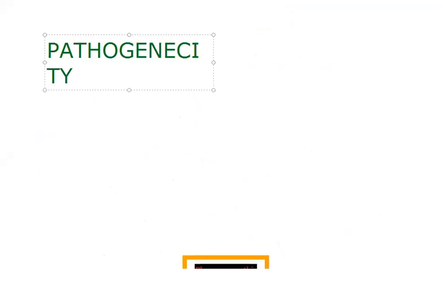And now moving on with the pathogenicity: what kind of problem does our Ascaris lumbricoides roundworm create to the human being when it is present in the small intestine? What problem is it causing? We say pathogenicity. So, pathogenicity of Ascaris lumbricoides.